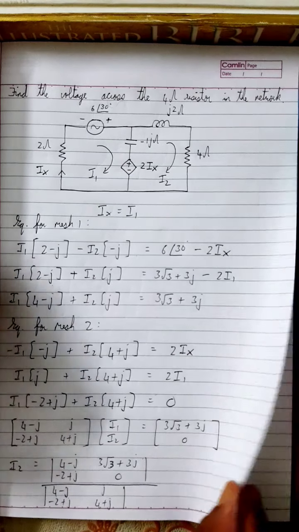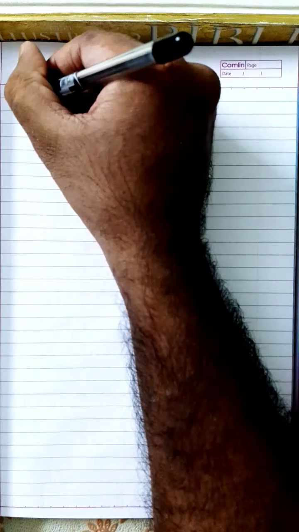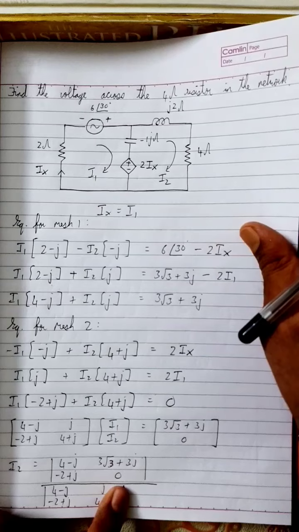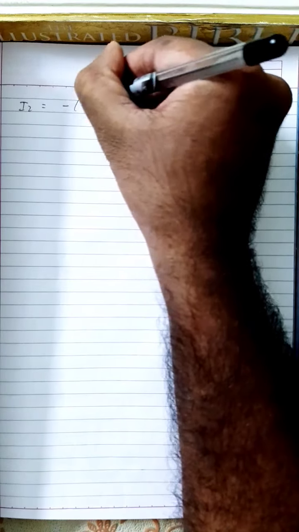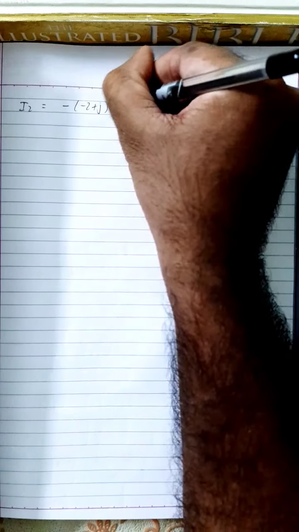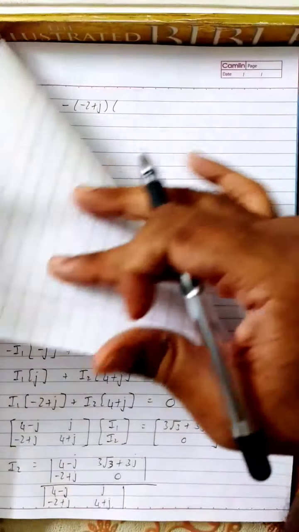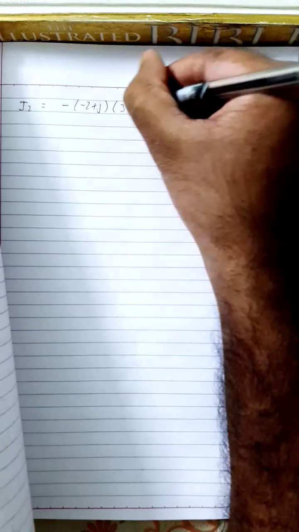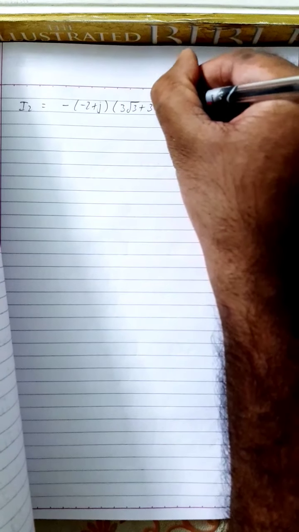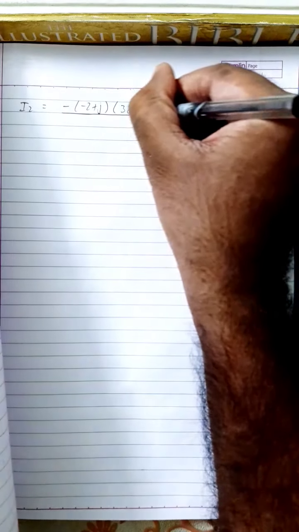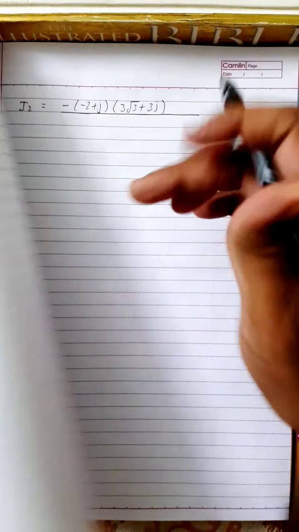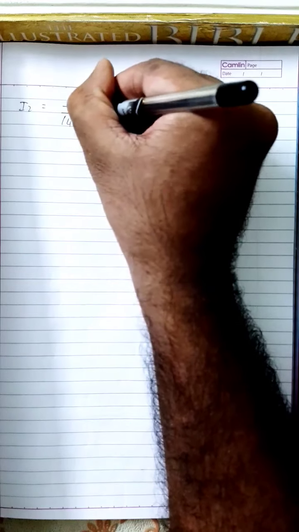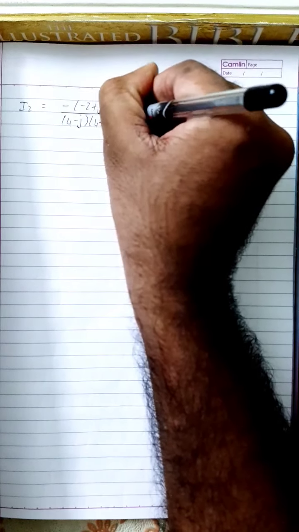Therefore I2 is equal to 4 minus J into 0, which is 0 itself, and minus of minus 2 plus J into 3 root 3 plus 3J. This is the numerator, and the denominator is 4 minus J into 4 plus J.